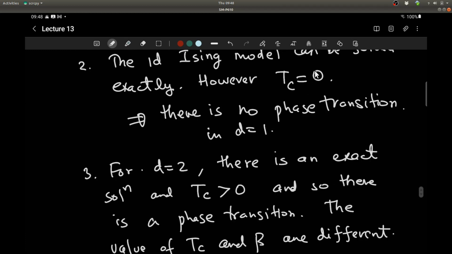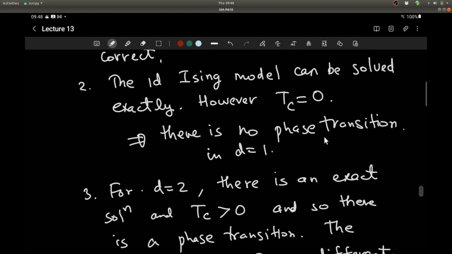With Tc equal to 0, yeah, so that's like nothing. No, it's approximate. We know that it gave some Tc which was non-zero, and it was independent of dimension, while Tc actually is dimension dependent. That's what I'm saying.